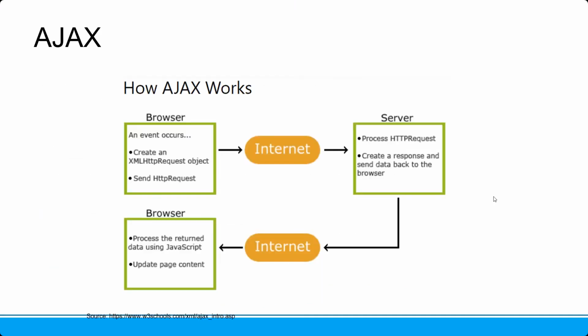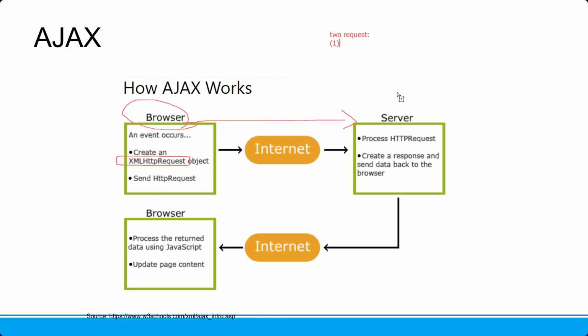So how does Ajax work? First, the browser will connect to the server, and the connection uses the XML HTTP request. So there's another kind of request. Until now you have learned at least two kinds of requests.